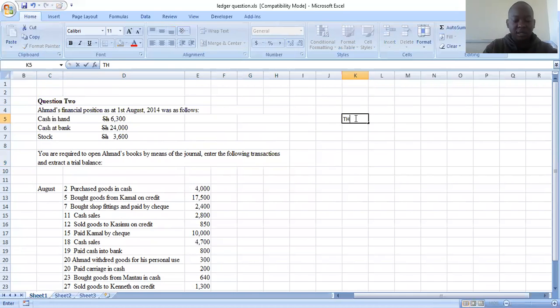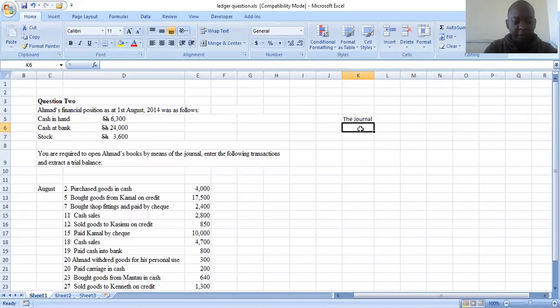So we have the journal. The journal will have four columns: one to record the dates, one for the particulars, a column for the debit, and a column for the credit.